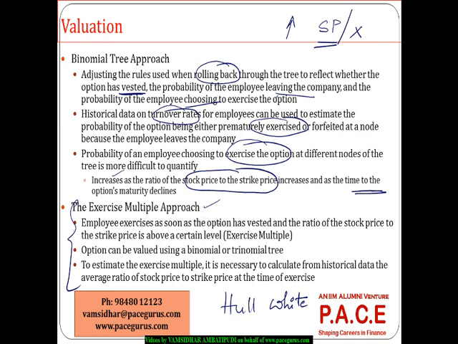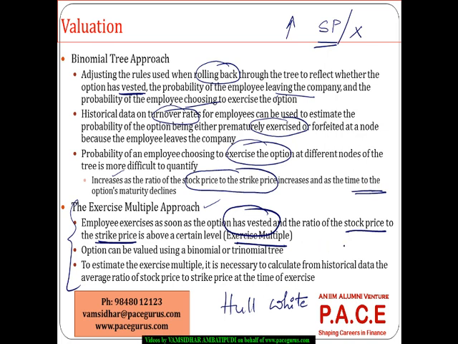It makes an assumption that the employee exercises any option the moment it is vested. The moment the vesting period is over, the employee is going to exercise the option if the ratio of the stock price to strike price is above a certain level, and that level we call the exercise multiple.